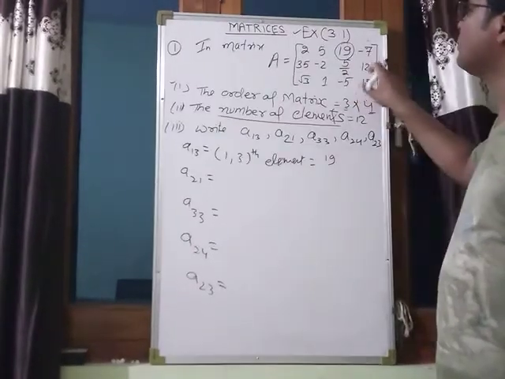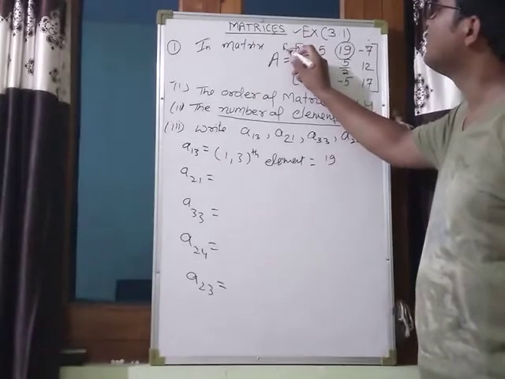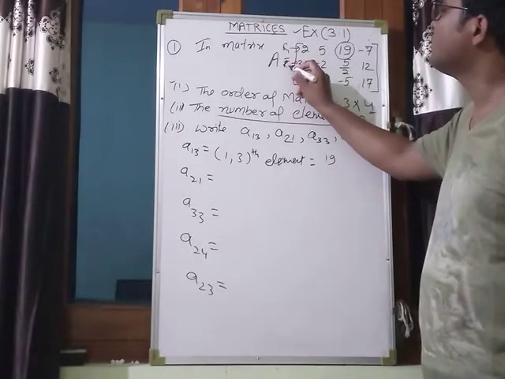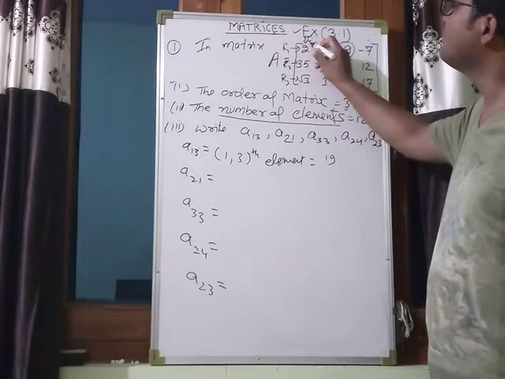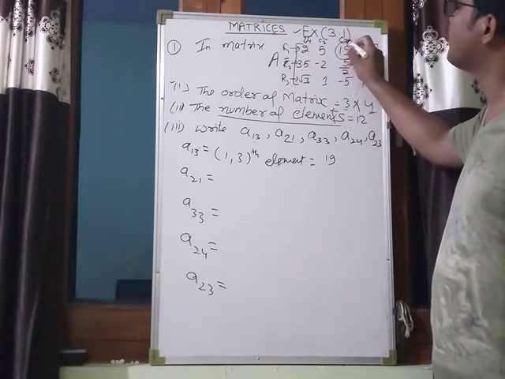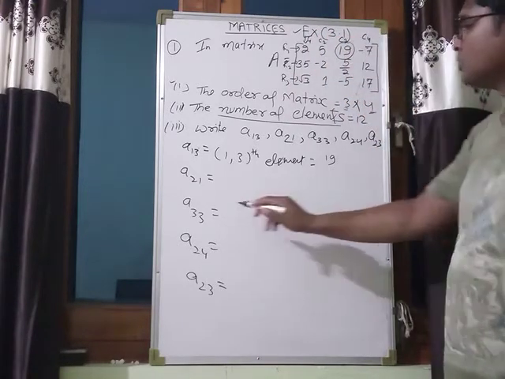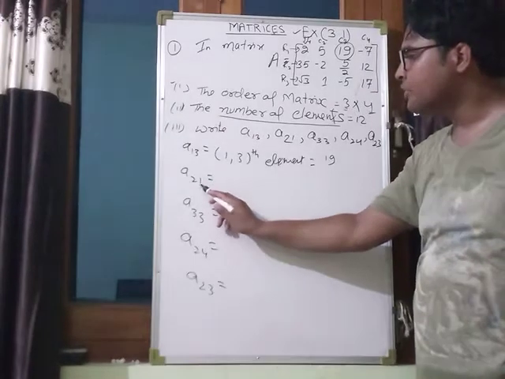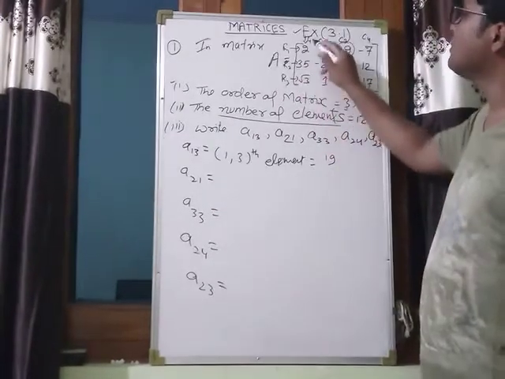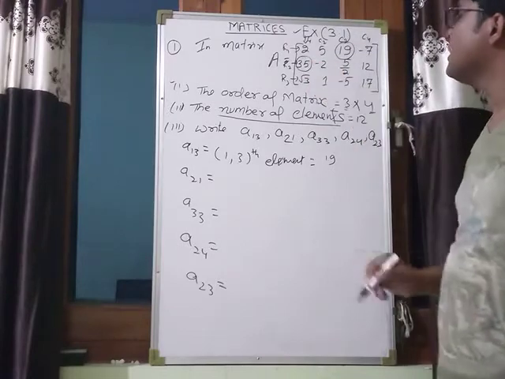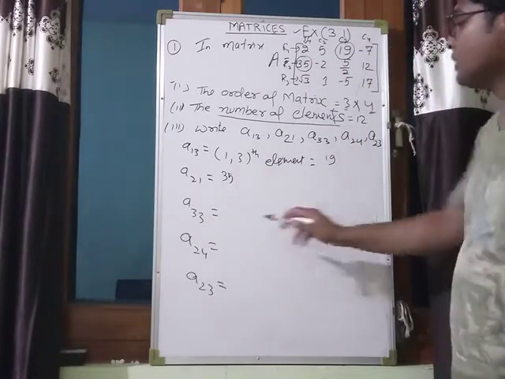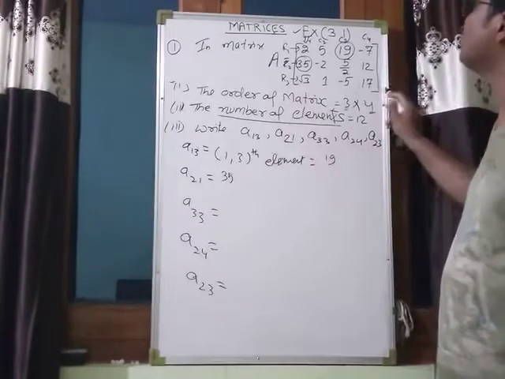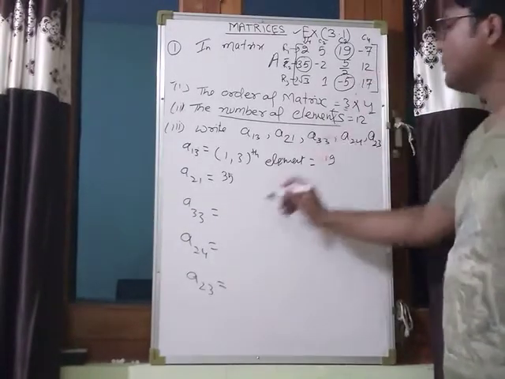This is your first row, that is second row, that is third row, that is first column, second column, third column, fourth column. So second row, first column, this one is A21, 35. A33, third row, third column, this one, -5.